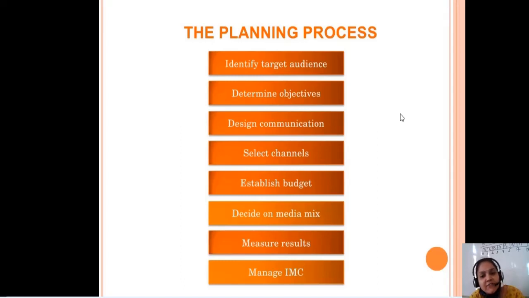After understanding the objective, you know what you really want to implement. That is the most important thing to understand. Once you understand what you're trying to do, you start designing the proper communication, so that you can give this objective value to each and every person who belongs to your audience.